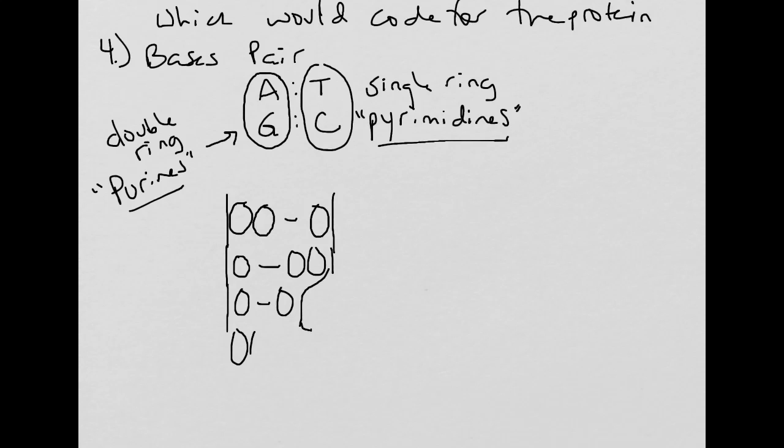Let's make them go like that. Now our DNA is too wide. So this pairing of a purine and a pyrimidine is what keeps the DNA a uniform diameter.